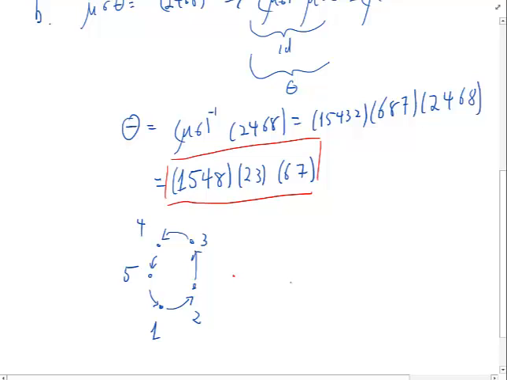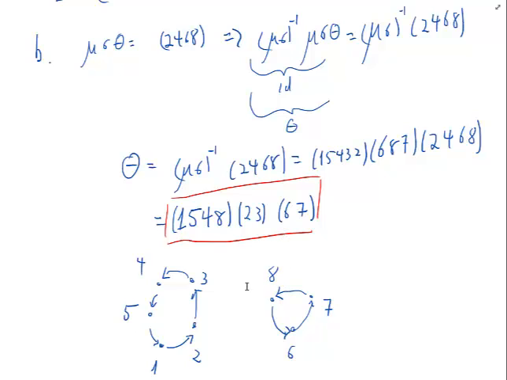And then here I have 6, 7, 8. Now somehow we want to join these two cycles together using a transposition. So suppose we consider putting in this transposition here, 2, 6. Okay, sorry, I should make that in green.